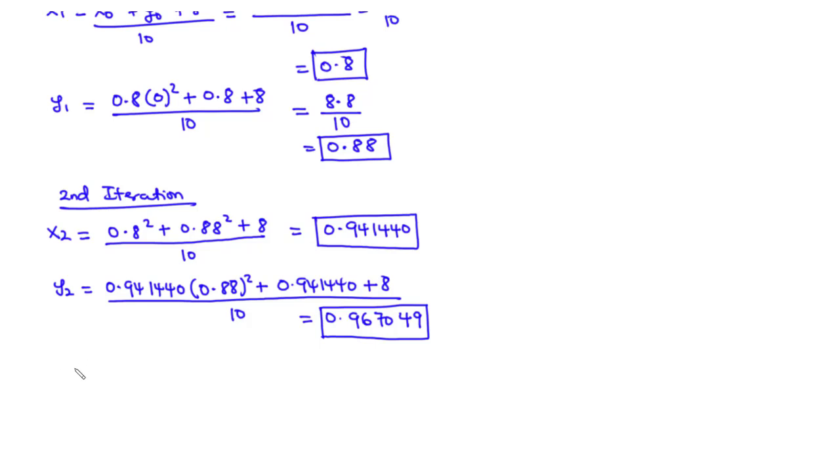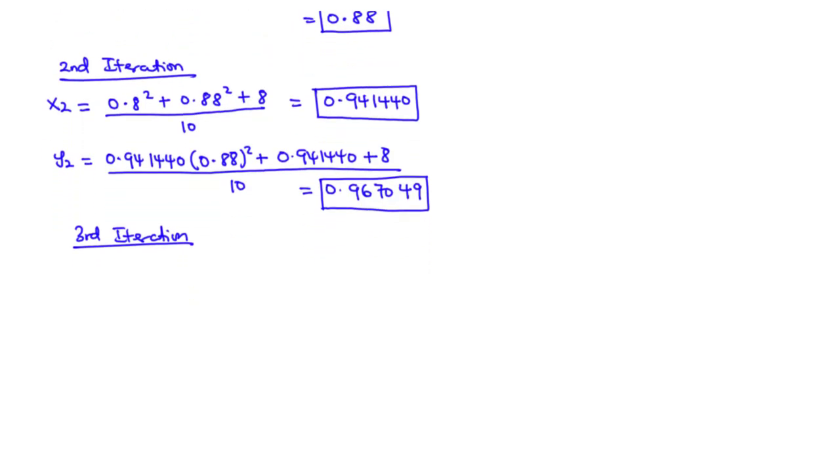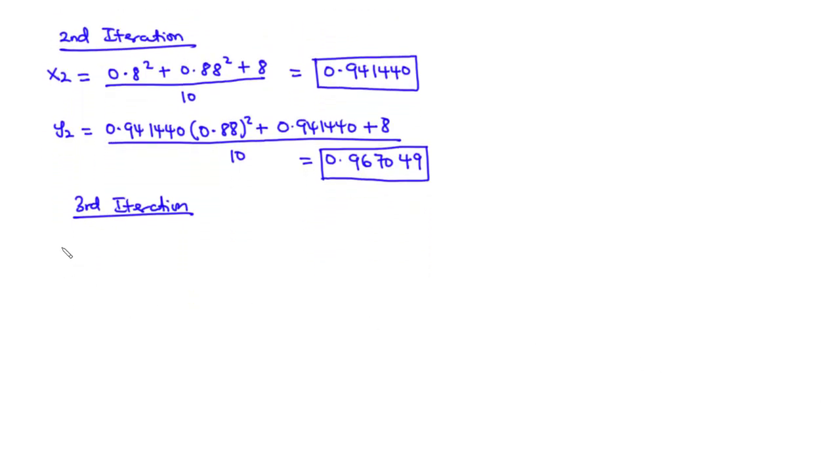Okay, so let's move on to the third iteration. For the third iteration, we have x3 that's going to be equal to, remember that this was x squared plus y squared plus 8.